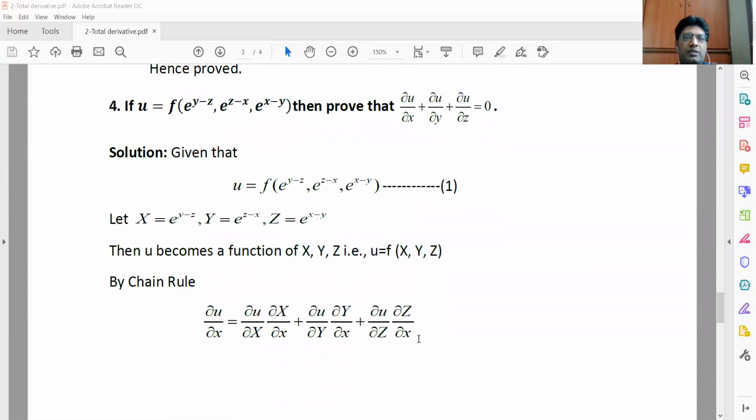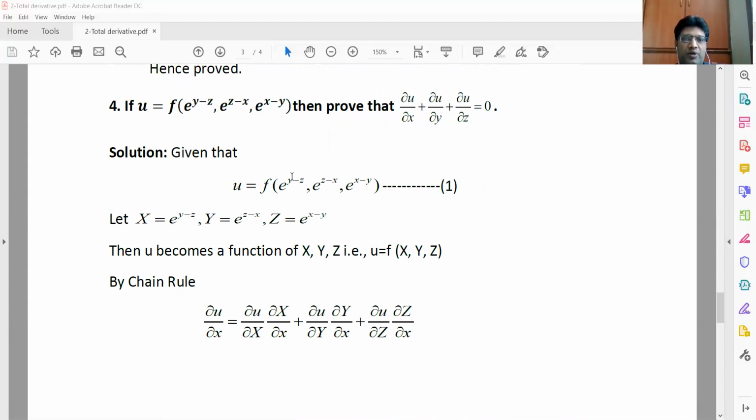If you look at the next problem, u equals e^(y−z, z−x, x−y). So here clearly u is a function of x, y, z. I have to prove that ∂u/∂x plus ∂u/∂y plus ∂u/∂z is 0. So this is given.